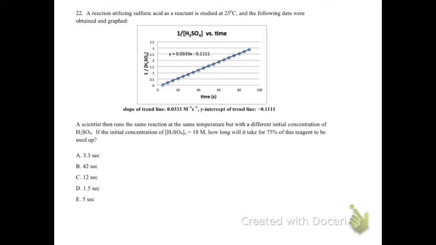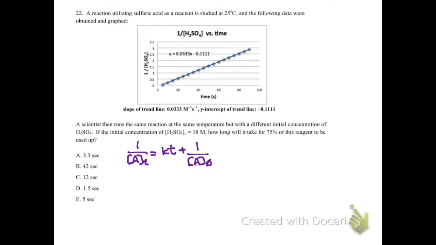Well, if we look at this graph here and we look at the y-axis and the x-axis, we're plotting 1 divided by concentration versus time. That very conveniently matches up with our second order integrated rate law: 1 divided by A sub t is equal to kt plus 1 divided by A sub 0.